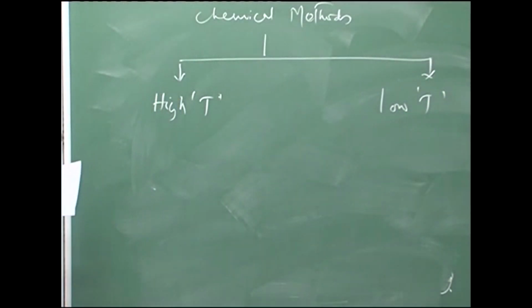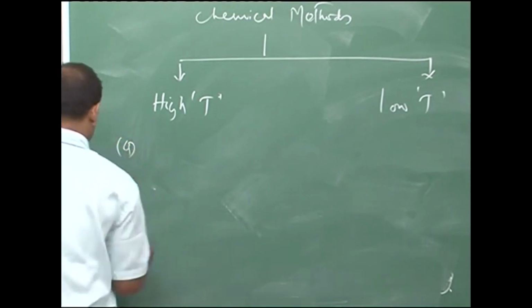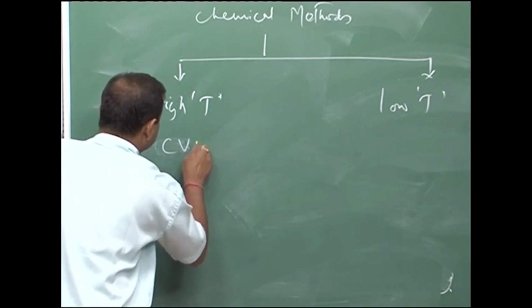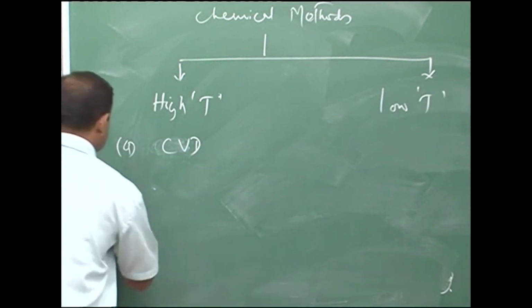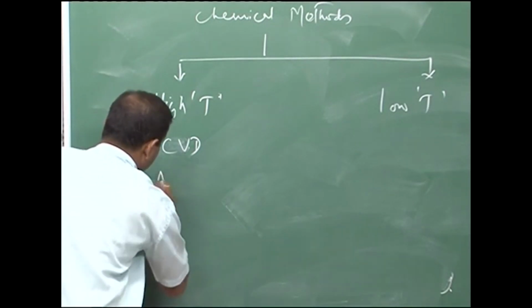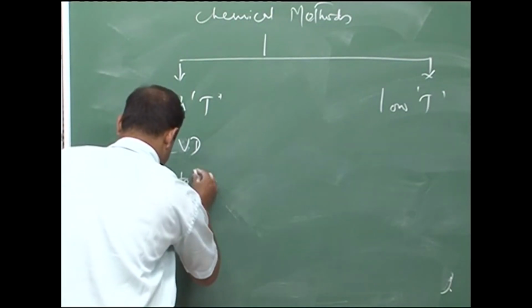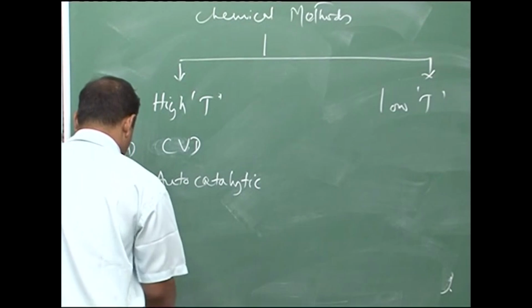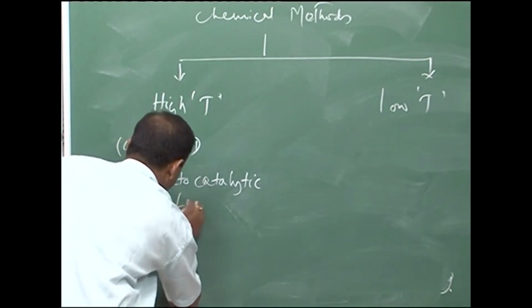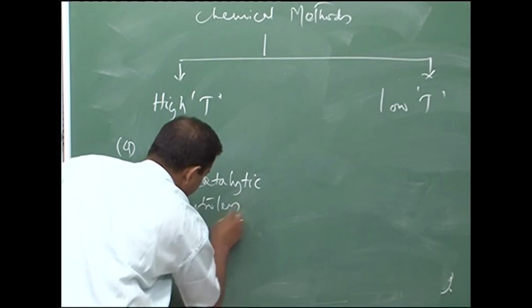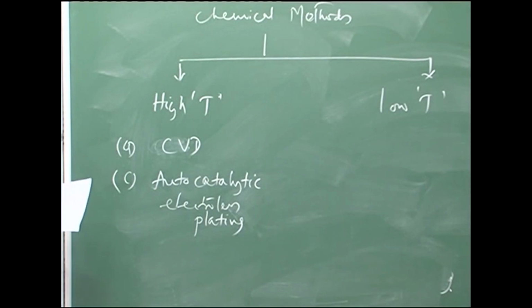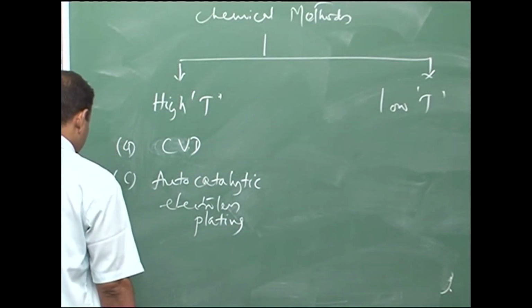Some examples of high temperature methods are chemical vapor deposition, or CVD, autocatalytic electroless plating, chromizing or aluminizing.